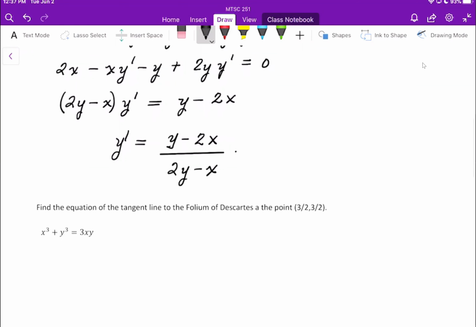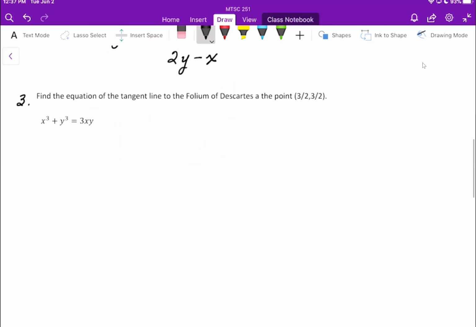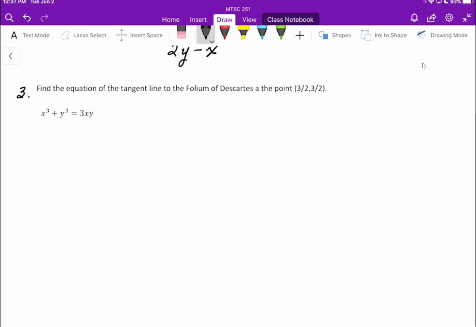In this next problem, we want to find the equation of the tangent line to the folium of Descartes at the point 3/2, 3/2. So the folium of Descartes is this equation right here.